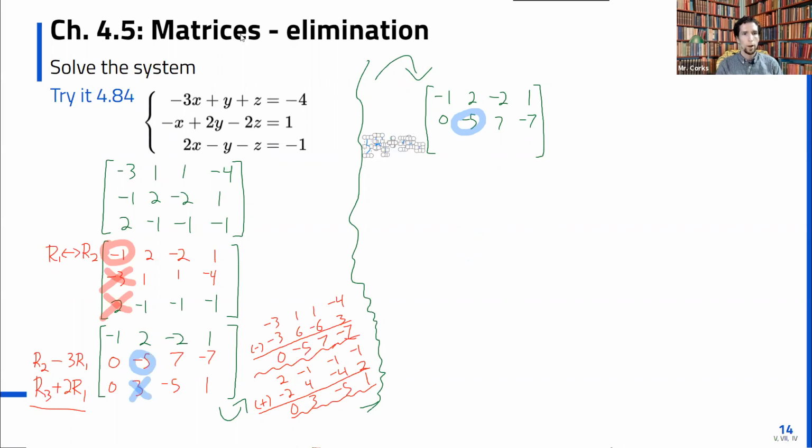We will do 5 times row 3 and add to that 3 times row 2. So please take a moment and calculate that out if you have some paper nearby, and then tell me what our result will be.